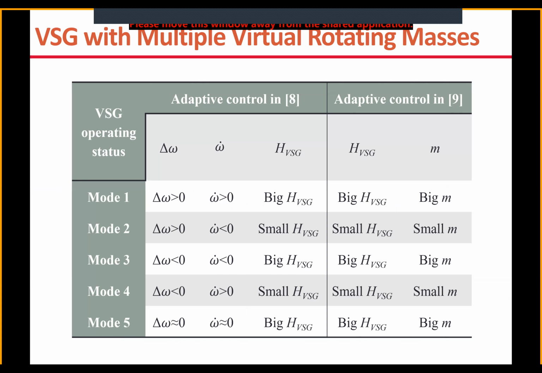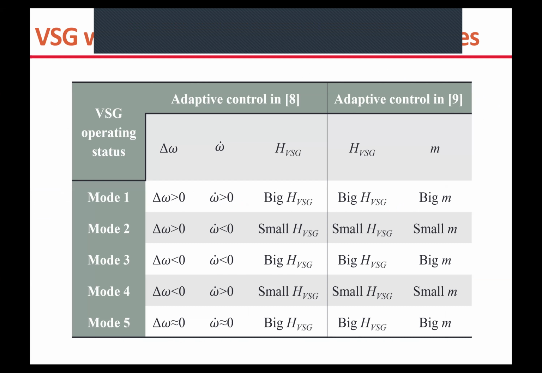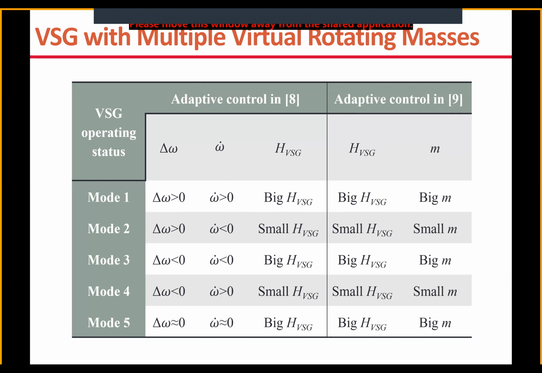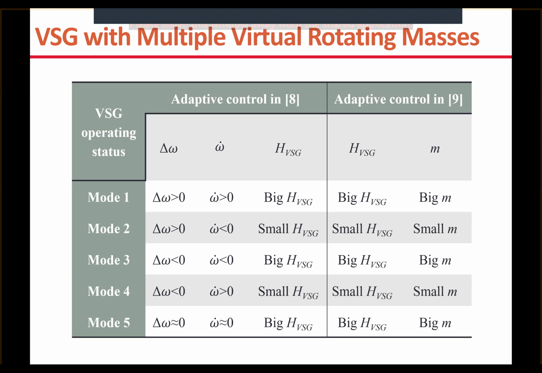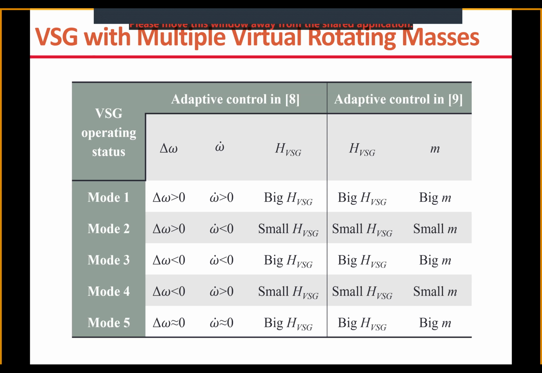So people are doing some research to find out what kind of inertial time constant we should choose for the VSG controller, depending on the VSG operating status. There are some adaptive controls, like the papers in references 8 and 9.